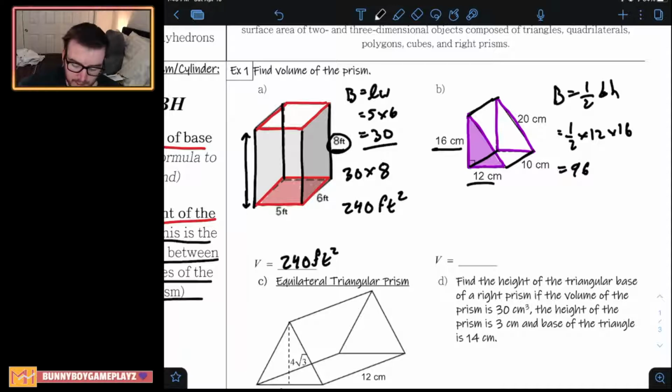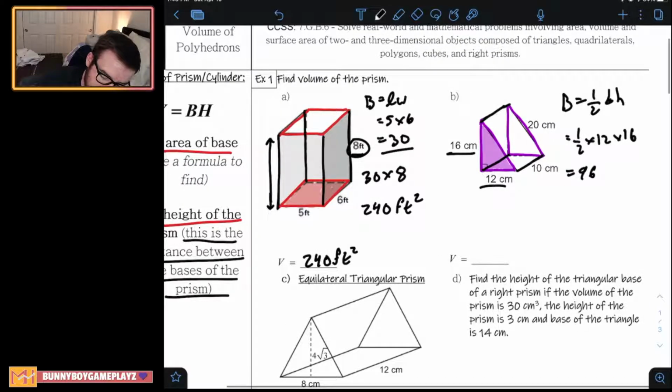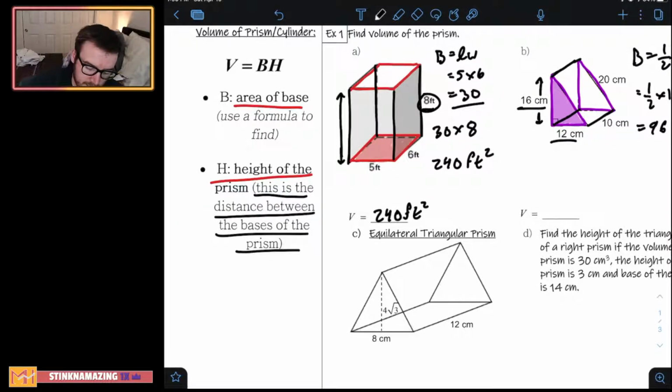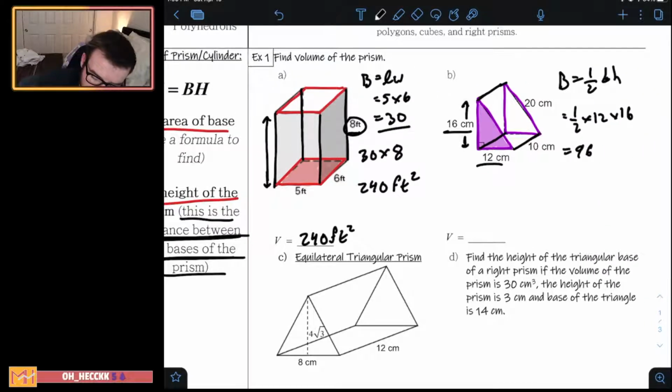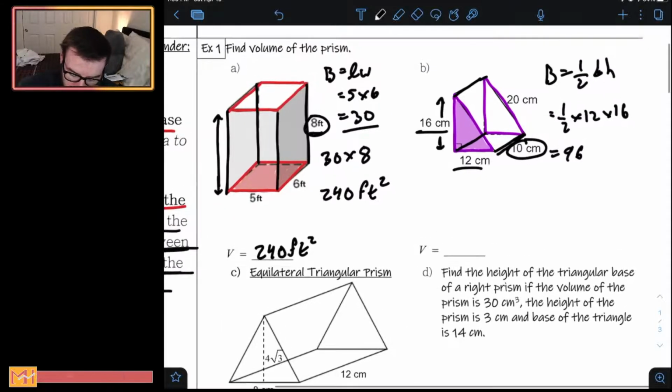And what is the height of the prism? The height is not this vertical distance of 16. That is not the height of the prism. The height of the prism is the distance between the bases. These bases are separated by a distance of 10 centimeters, okay?